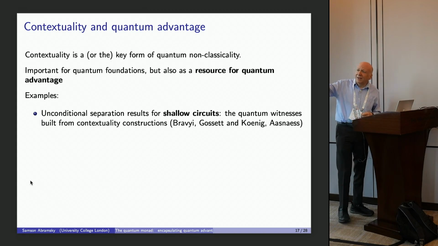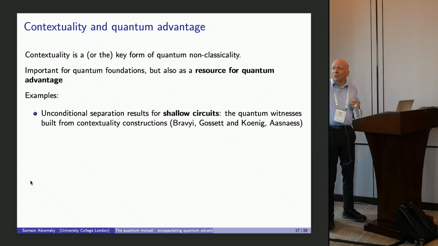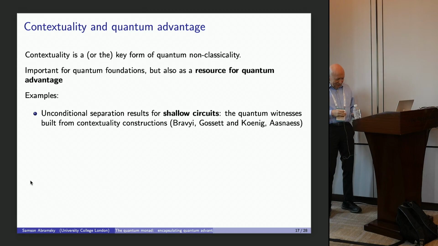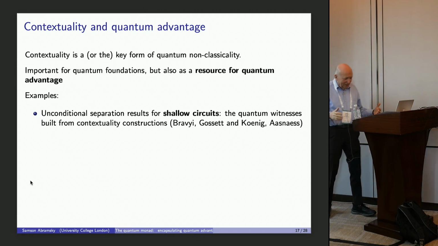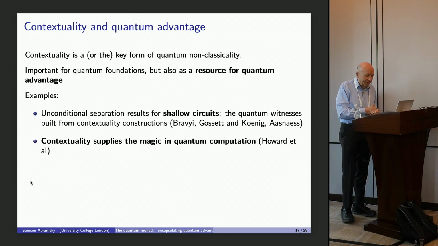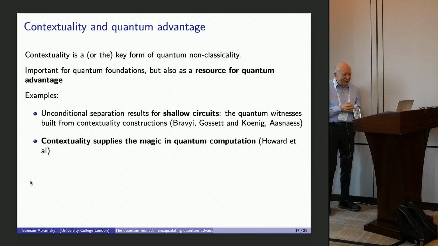And a very nice generalization of this work, by Sivert Aasnæss in his recent thesis with me, was to show that you can start from any contextuality construction in a very broad class and systematically produce examples of shallow circuits with unconditional separation from classical shallow circuits. Another famous contribution, the title says it all, by Howard et al., is Contextuality Supplies the Magic for Quantum Computation.